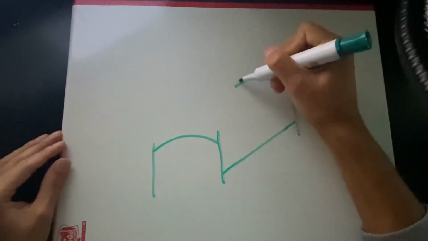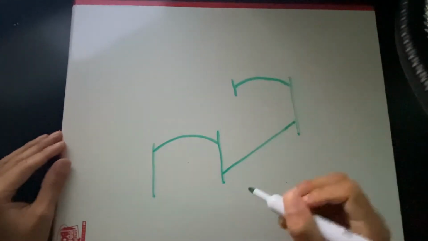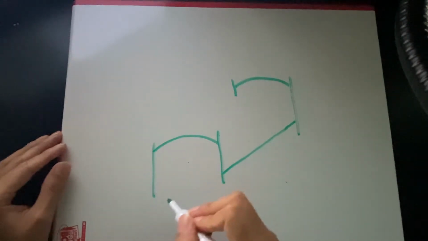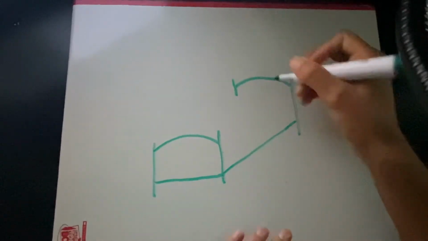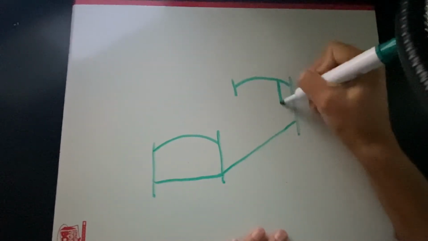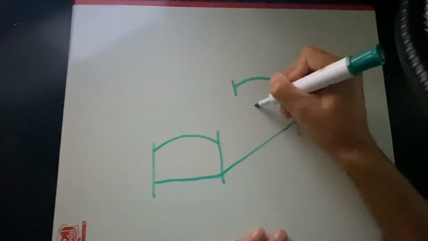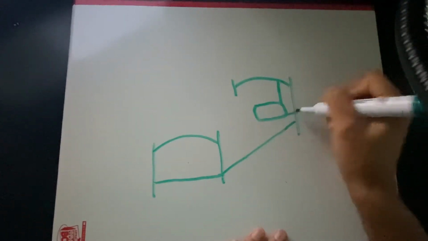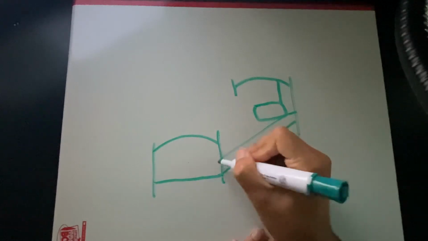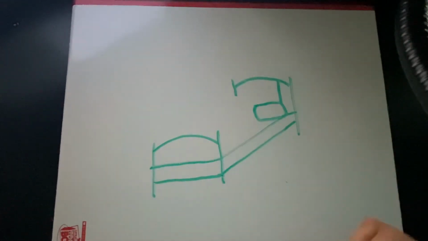This one is gonna go till here because my head's gonna go right there. And then I'm gonna close out this part of the bed. And I'm gonna add some details here. This is where the pillow is. And then this is the top of the bed. And then I'll add more details in a little bit.